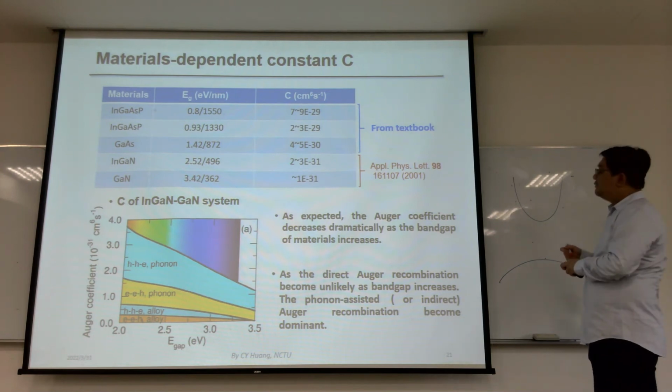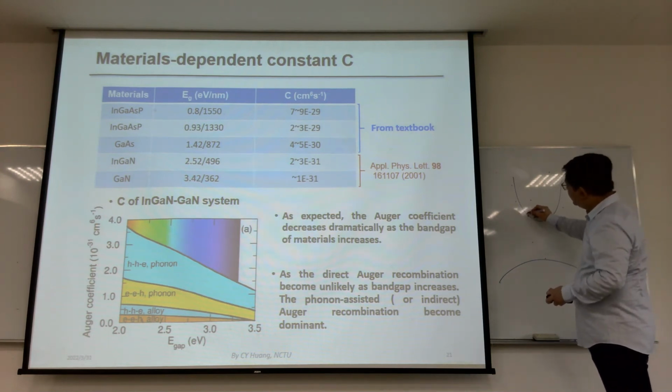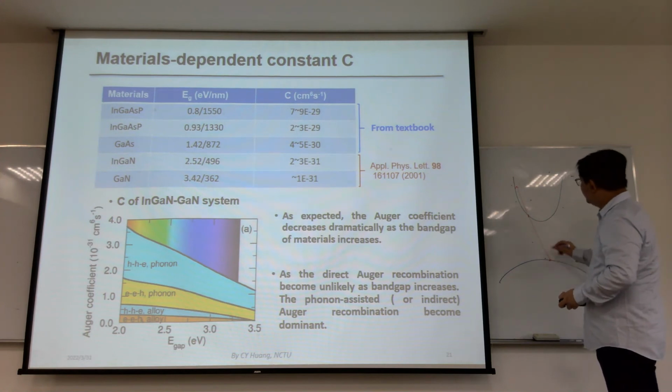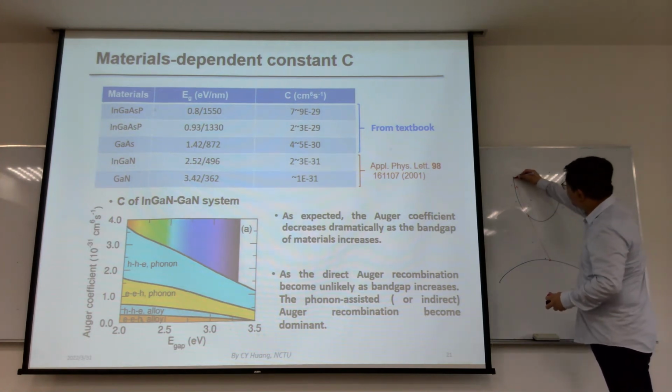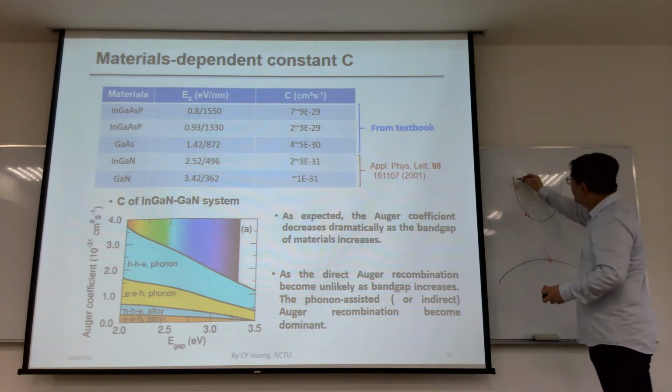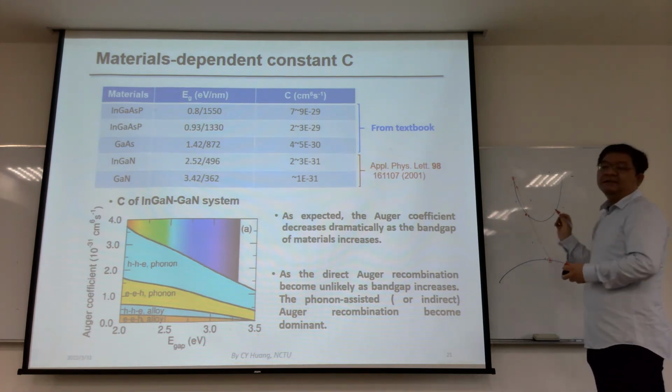If there is no phonon, the process should be like this: one is here, and so on. Electron, hole, vacant state, something like this.